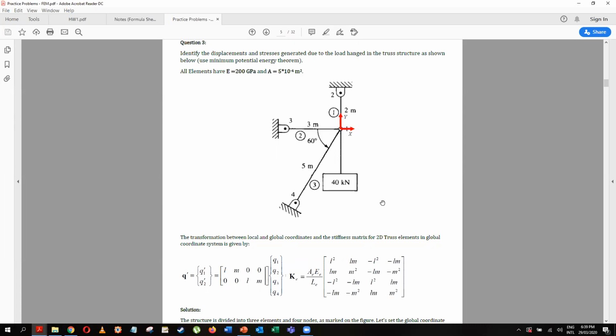ठीक है? So what we want to do is first we want to find the stiffness matrix for each of these individual elements, right? So find 3 of these individual KEs and then assemble them and then apply the boundary conditions, which basically is, at nodes 2, 3 or 4, both U and V are 0.